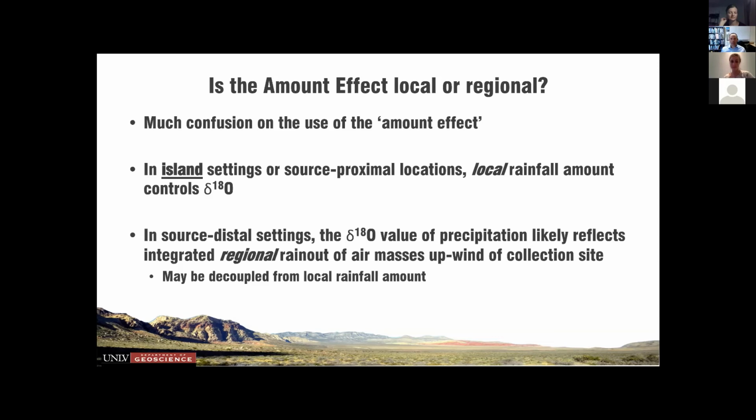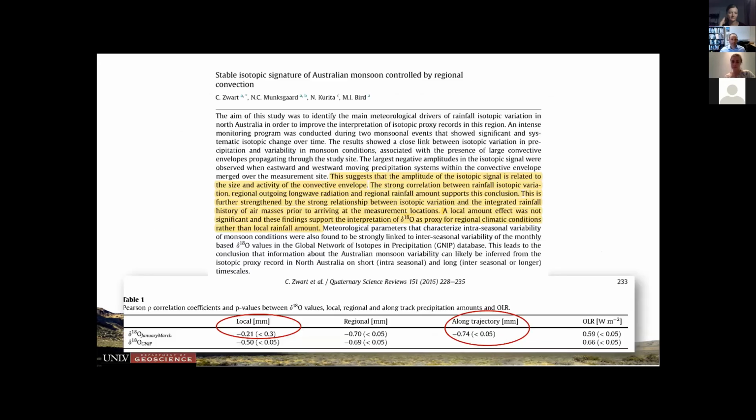So we've now kind of changed our understanding of the amount effect to infer its changes in the regional amount of rain, not just at your particular field area. And this is important because if you measure a tropical speleothem, you might see what you think is a rainfall amount, but it might not reflect your field area. It might reflect what happened to those air masses upstream of them.